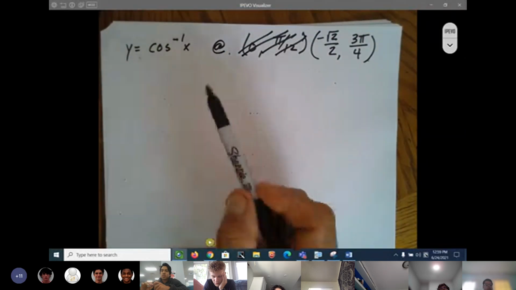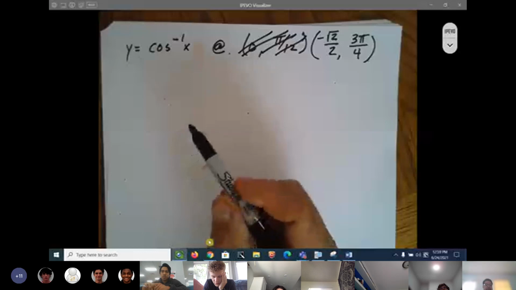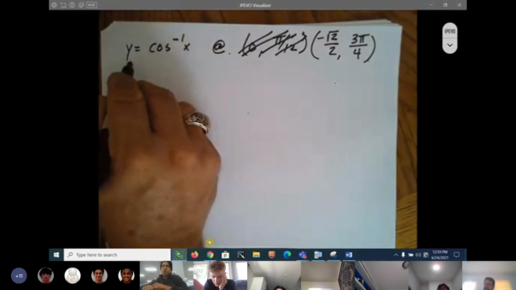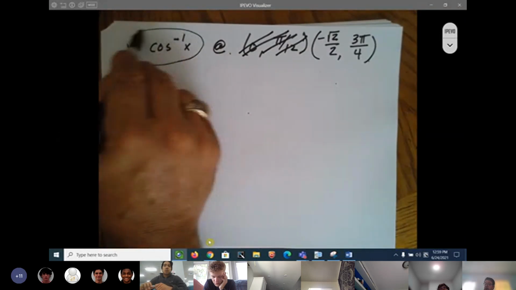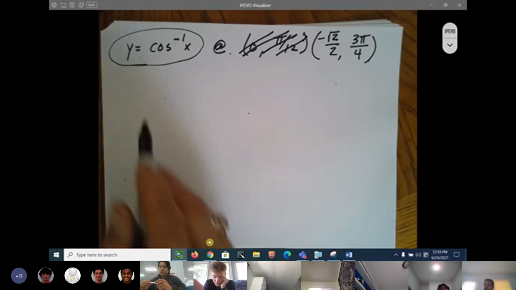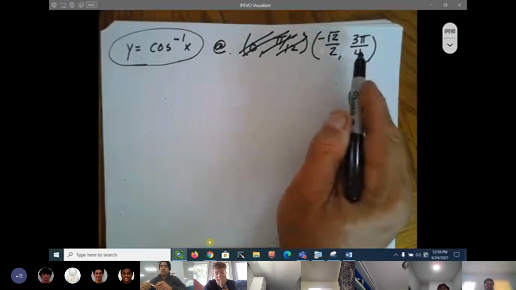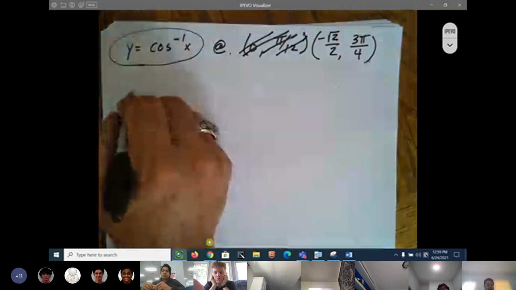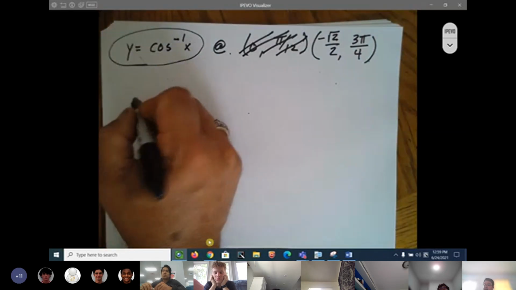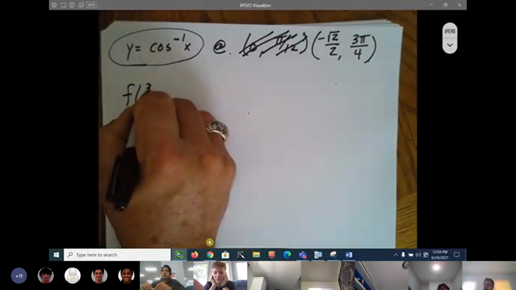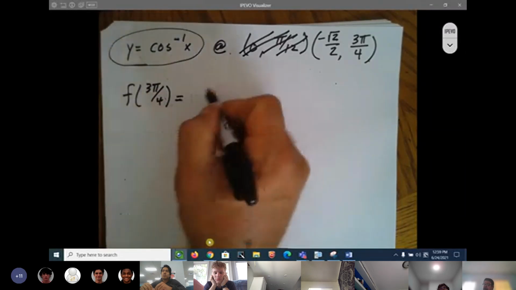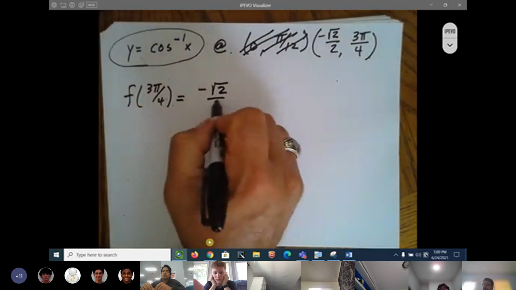Okay? And without the derivative, you know that f, since this is the function right here, when you plug in f of 3 pi over 4, because it's the inverse, you're going to get negative square root of 2 over 2.